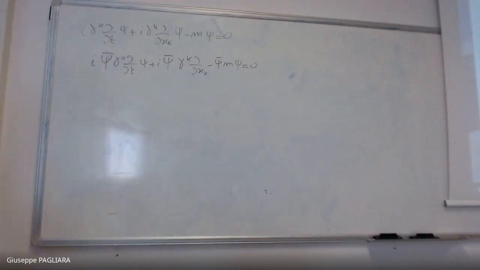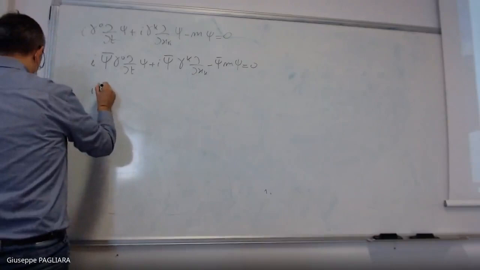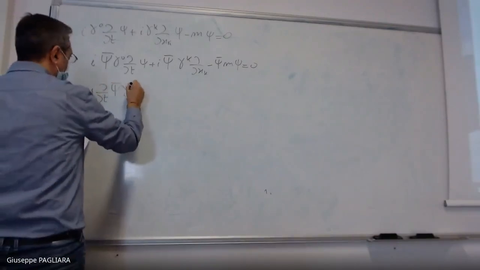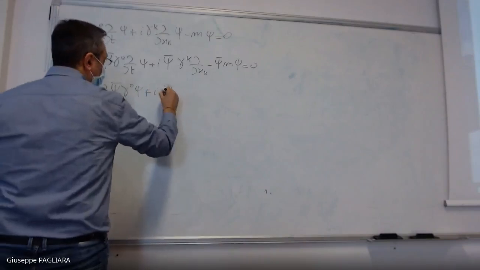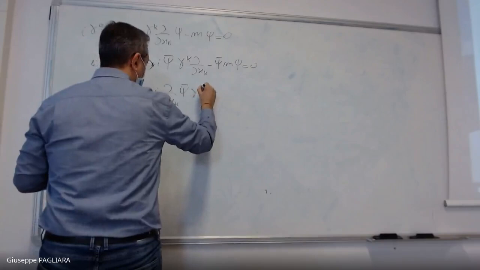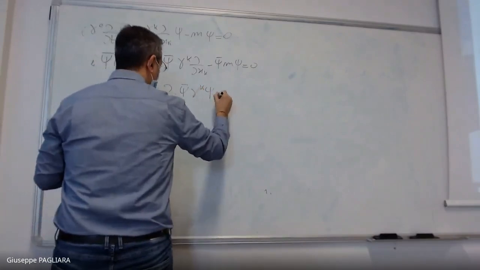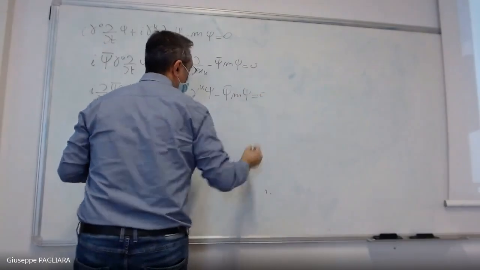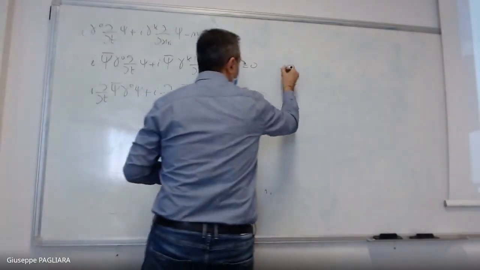Now we take the adjoint Dirac equation and we multiply on the right by psi. So this is going to be i ∂_t psi bar gamma 0 psi plus i ∂_xk psi bar gamma k psi minus psi bar m psi equal to 0. And we sum the two.